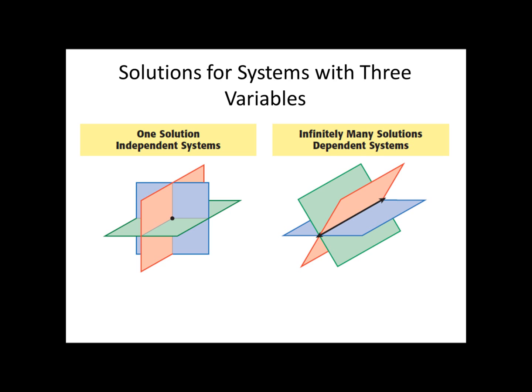There's just point after point after point that agrees with all of them. You're going to be asked in some of your problems to classify it, whether it's an independent system, a dependent system, or an inconsistent system. Well, we looked at 2 examples where it was one solution, it's an independent system. We were able to solve for an x value, a y value, and a z value.